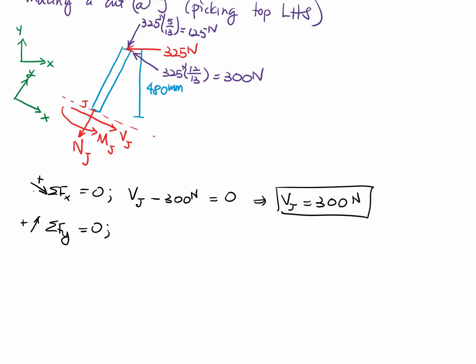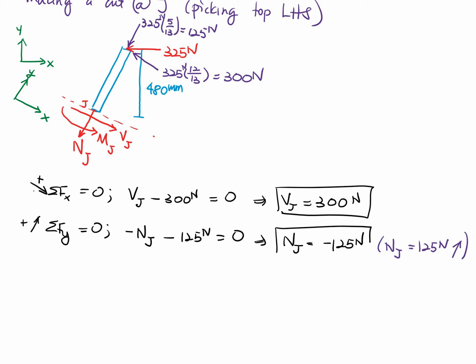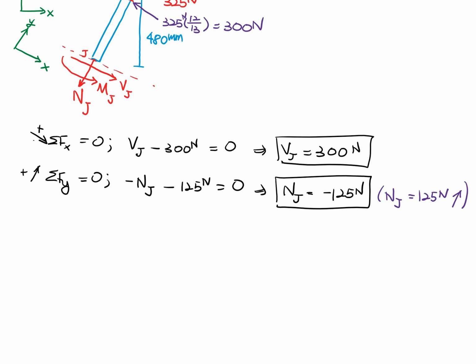So we have N sub J, which is going in the negative direction, minus 125 newtons, which tells me that N sub J is equal to negative 125 newtons. And then changing my color to purple, which tells me that N sub J equals 125 newtons, but it's actually going up.